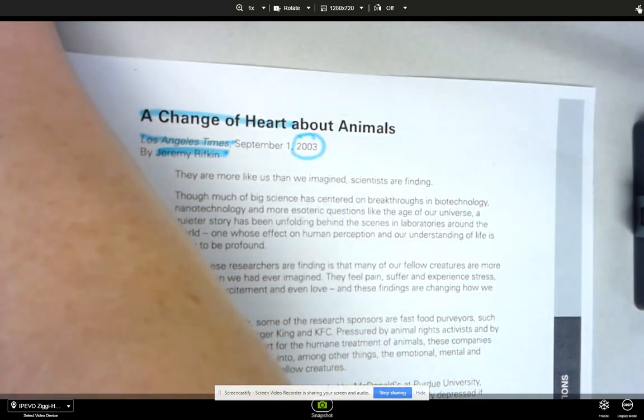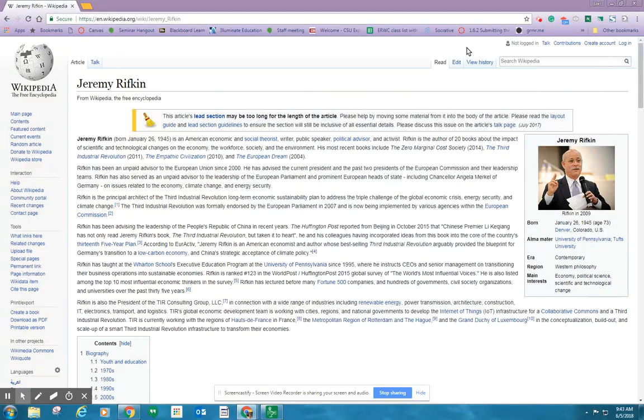What I have actually done is gone to Wikipedia. Wikipedia is okay. Remember that anybody can edit Wikipedia, but for little things like figuring out who the writer is, this is a good place to go.